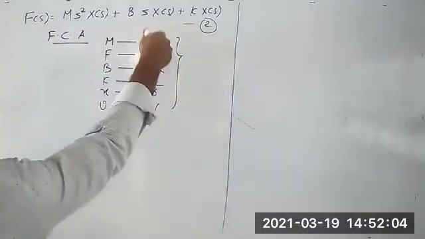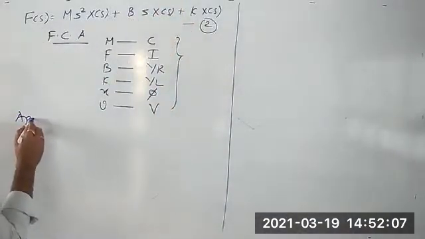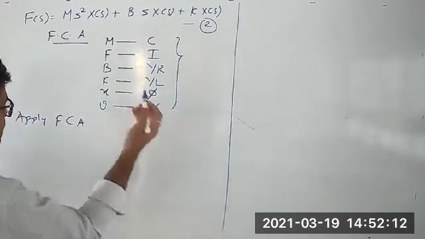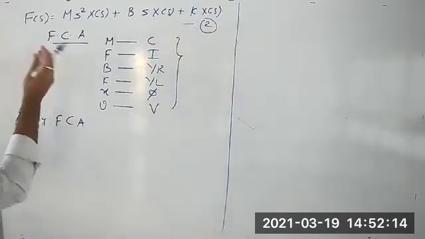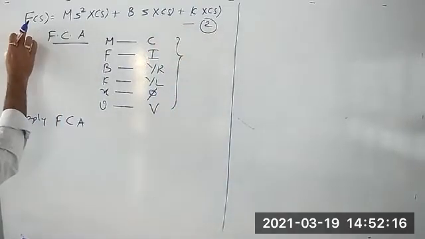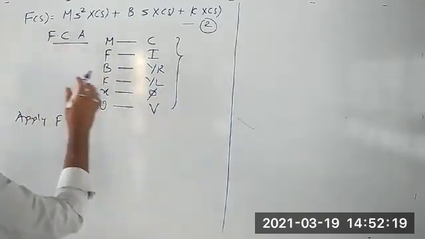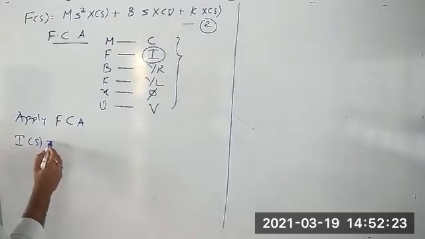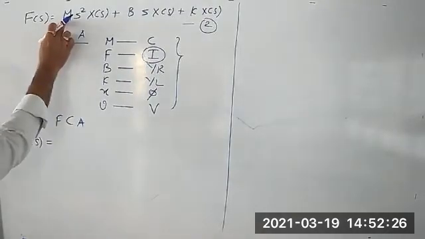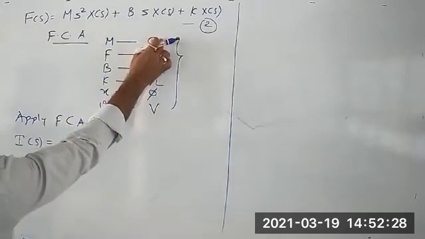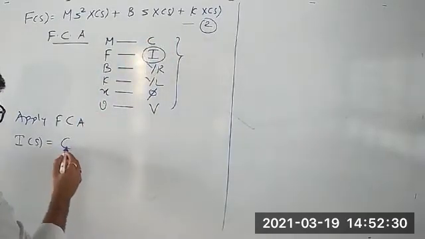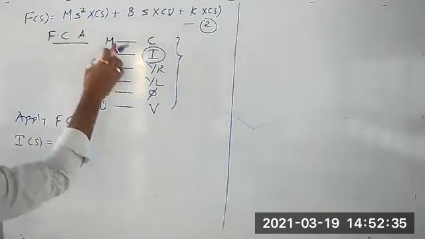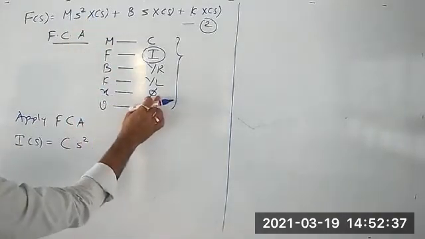So if we apply the concept of force current analogy to equation number 2, we can write it in converted form. Instead of force, we replace it by current, so it is I(s), which is equal to C into s square into phi of s, where mass M is replaced by capacitor and linear displacement x is replaced by flux.